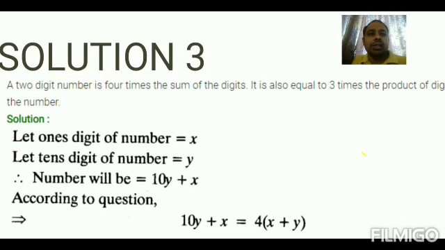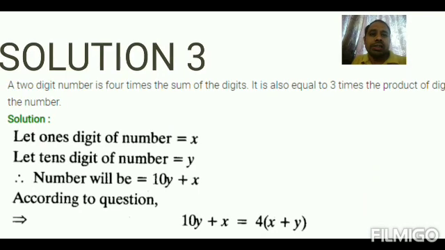Here it is given that the 2-digit number is 4 times the sum of the digits. That means the 2-digit number is equal to 4 times its sum of digits.